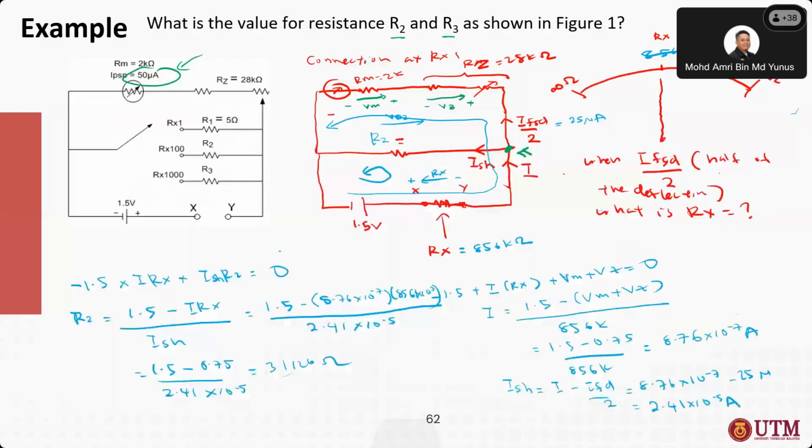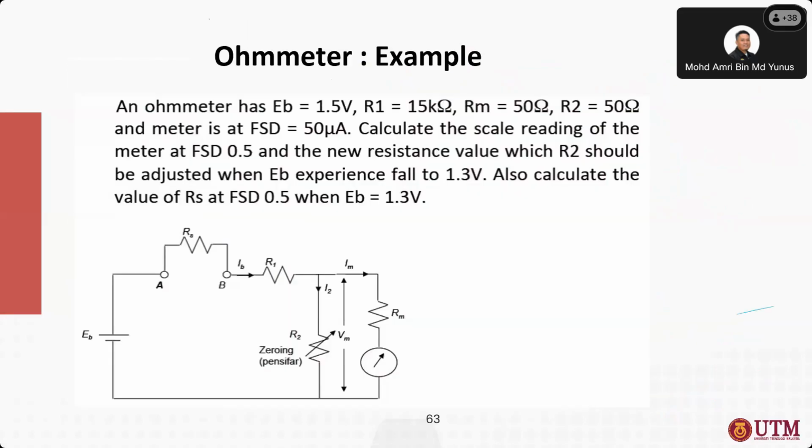Usually for the multi-range ohmmeter, we do not use it in designing. So usually the value is set in the beginning. And this one is the ohmmeter called the parallel connection ohmmeter.